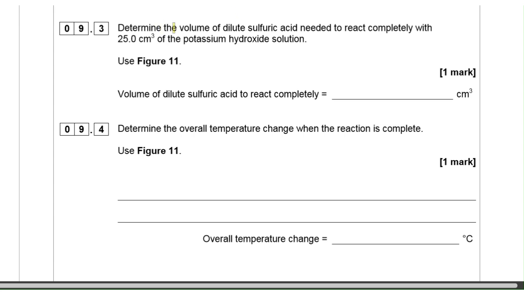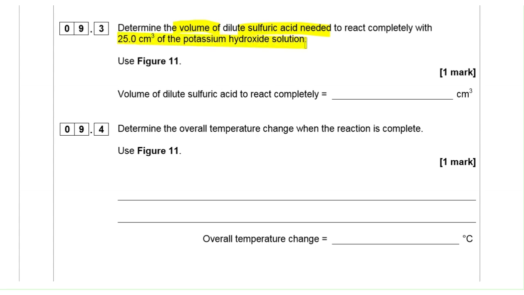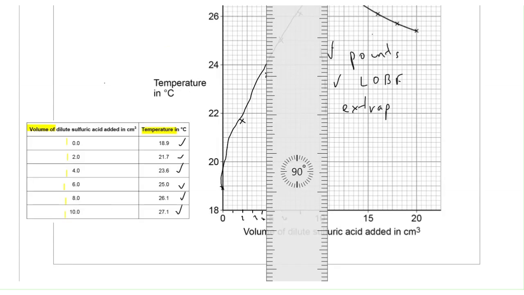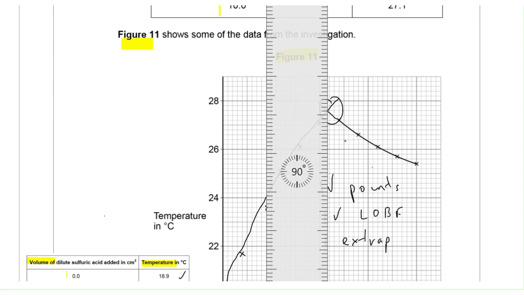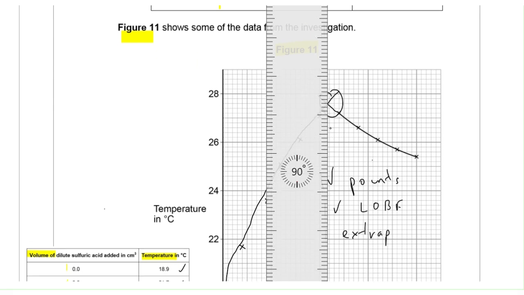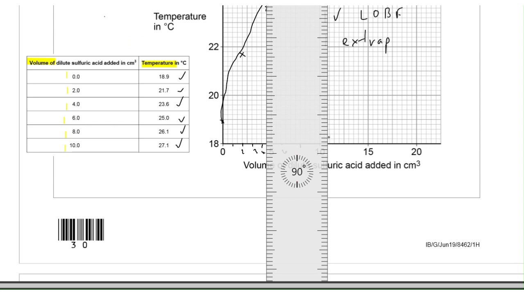9.3. Determine the volume of dilute sulfuric acid needed to react completely with 25 cm cubed of the potassium hydroxide solution. Use figure 11, for 1 mark. So this is where we go back to the graph, and we need a ruler to draw a construction line. I'm going to put my ruler in a vertical position on where the 2 lines cross over, and then draw down to the x-axis and put a pencil mark.